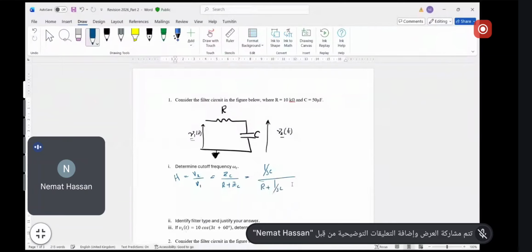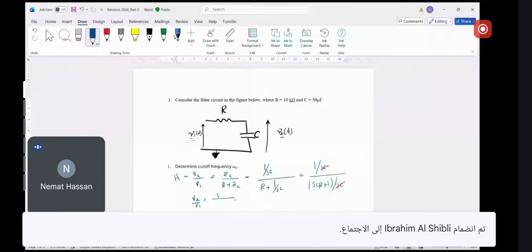So far, are we following? Okay, just to simplify it, you can unify the denominator, so it becomes SCR plus 1 over SC. You'll notice that these two will cancel each other out, so you'll end up with the transfer function V2 over V1 equal to 1 over SCR plus 1, right?